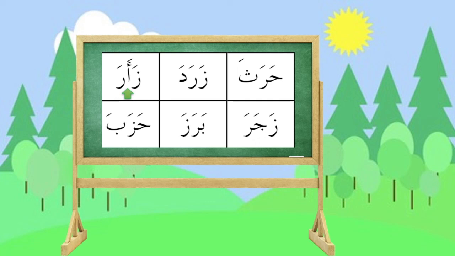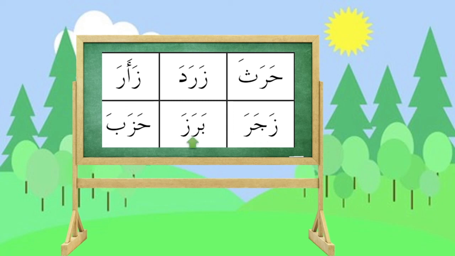Next, we have another word that also has three poor letters. If you want to know why they're called poor letters, refer to the previous video. We talked about them. So we have za, a, ra. Very good. Next, I have za, ja, zajar.